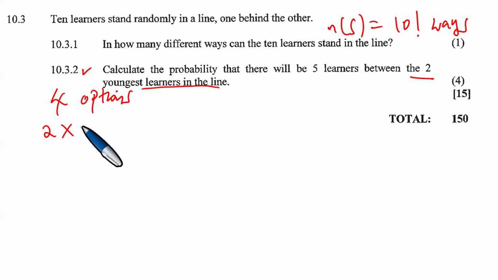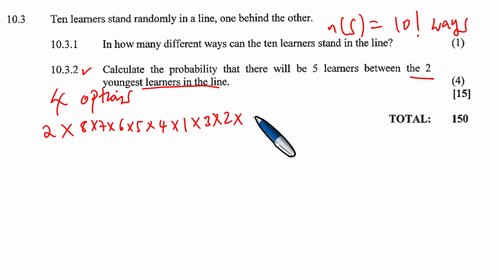After those have been chosen, you're left with 8 learners. The 8 learners can then be organized in the line in 8 times 7 times 6 times 5 times 4, then times 1 because we would have fixed those 2 learners there, times 3 times 2 times 1.